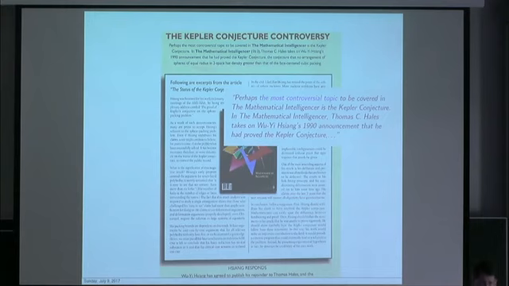it was against this backdrop that Sam Ferguson and I were working on our own proof of the Kepler conjecture. And it's this particular history of controversy that had us quite worried when it came time for us to make an announcement of the proof.